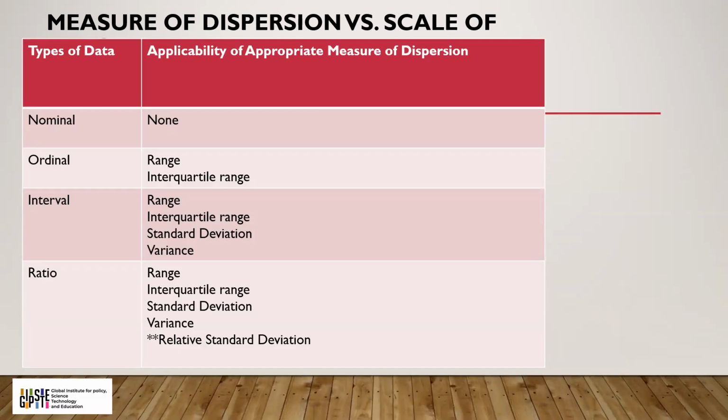For interval, you can apply the range, interquartile range, standard deviation, and variance. And at the highest level, the ratio type of data point, you can apply the range, interquartile range, standard deviation, variance, and even what is called the relative standard deviation. What is relative standard deviation? Relative standard deviation is simply the standard deviation divided by the mean.